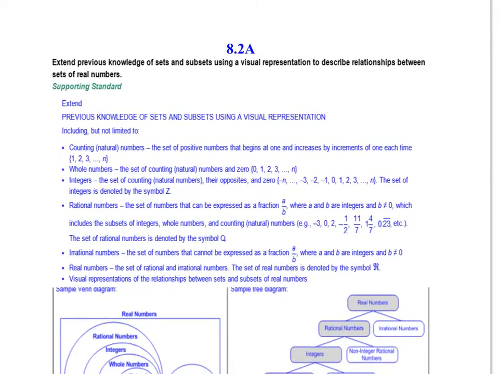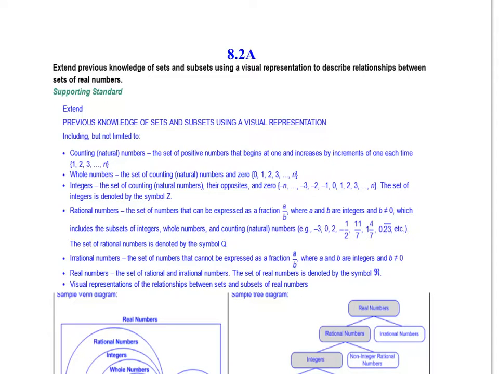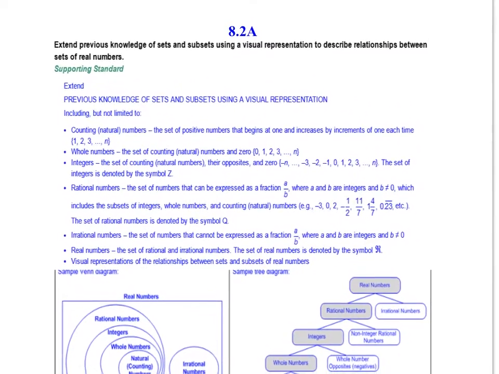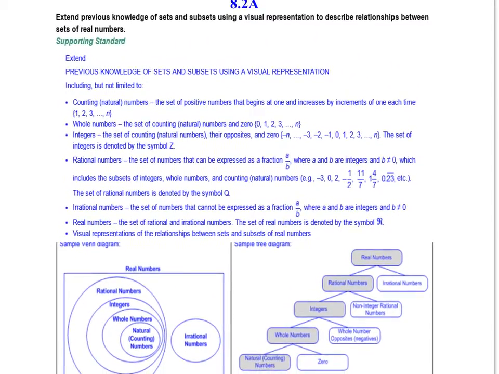8.2a is the first thing we want to encounter. 8.2a says we want to extend previous knowledge of sets and subsets using a visual representation. And we want to include, but we don't want to limit it to, the different sets of numbers.